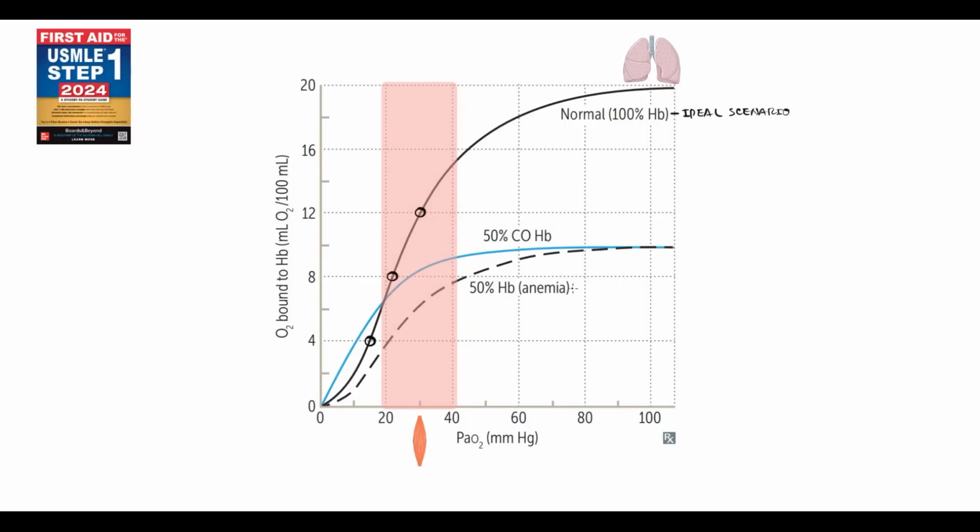And also, we see that anemia causes a right shift as an adaptation mechanism to make tissue hypoxia less severe. But with carbon monoxide poisoning, even with the same 50% saturation, we see that the graph is shifted to the left. And this makes oxygen delivery more difficult.